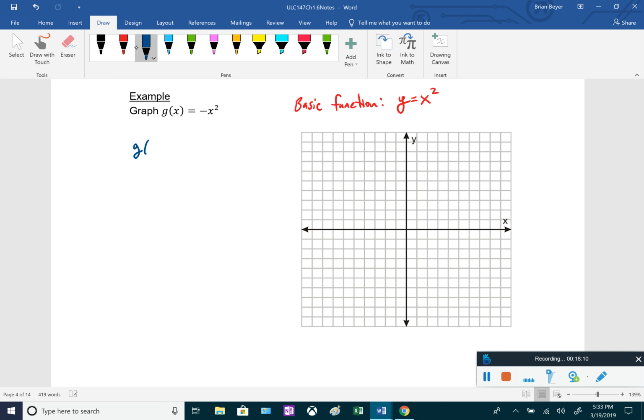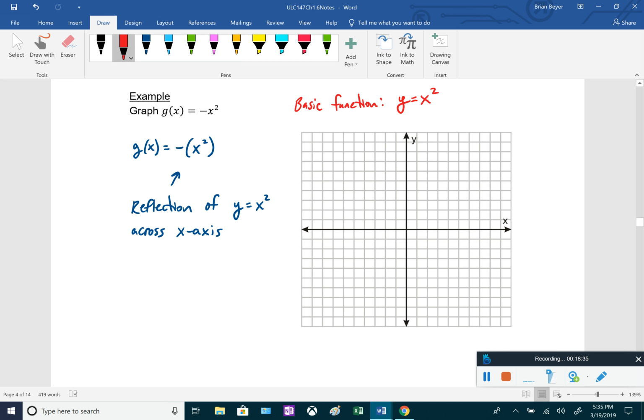To make this a little more obvious, we could rewrite g of x as negative, and then x squared. That means the same exact thing. So that negative now means negative of x squared, which is a reflection of y equals x squared across the x-axis.